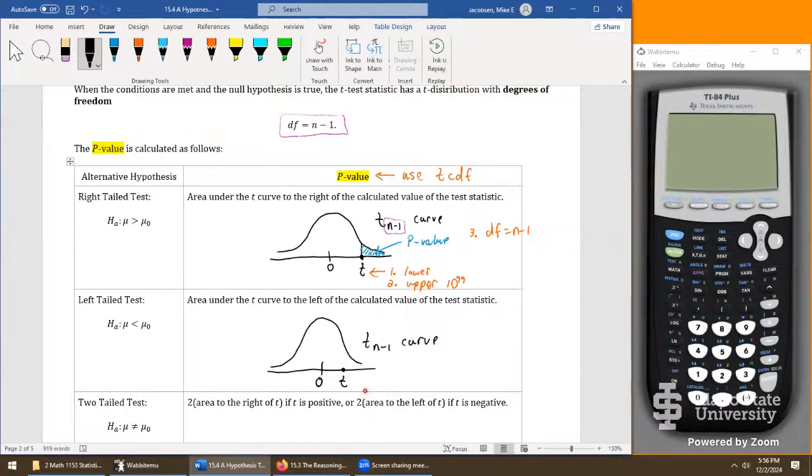Then, because this one is a left-tail test, the area we shade is to the left now. And because we shaded to the left, this tells us what our inputs are going to be for the t-CDF portion of the calculator. This time input 1, which is lower. Anyone see what this one should turn into for this problem?